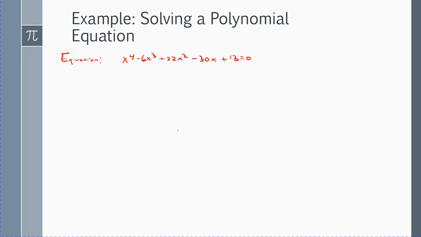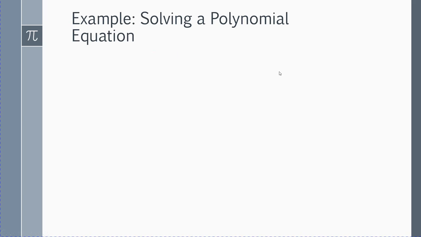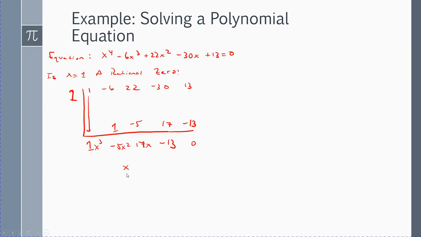I saw that a rational zero was x equals 1, so I'm going to bring it over as x minus 1. So this can factor into x minus 1 times, and then you have to look back at the resulting equation: x cubed minus 5x squared plus 17x minus 13.